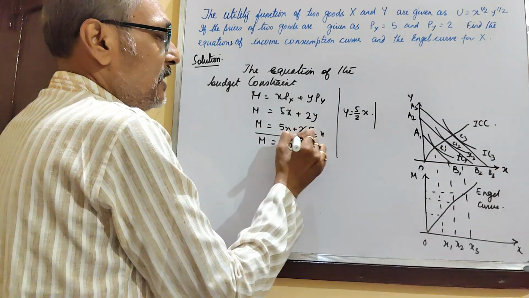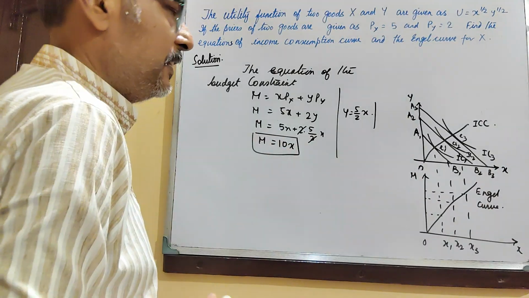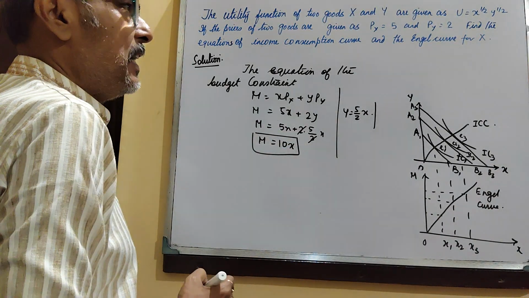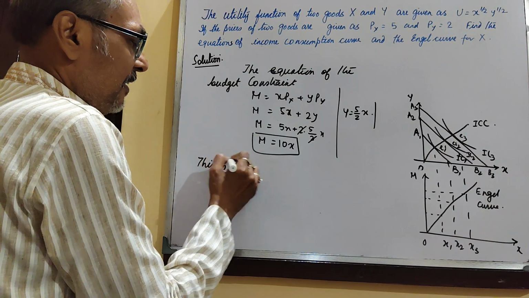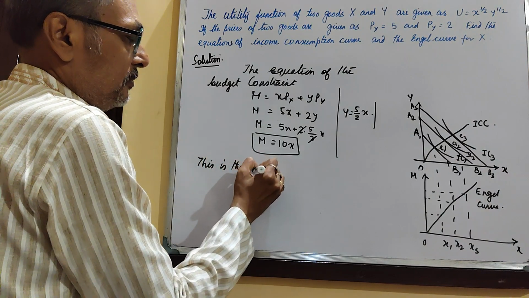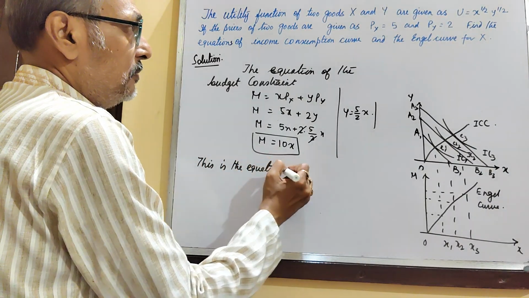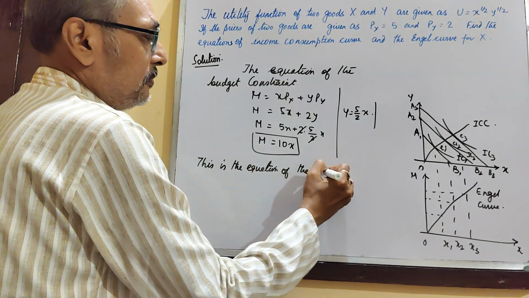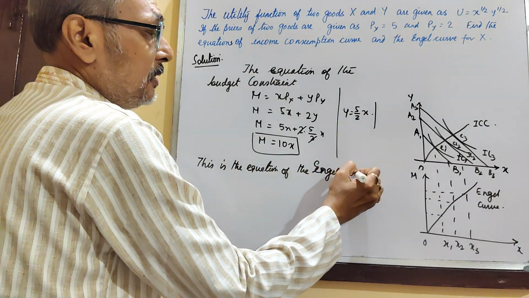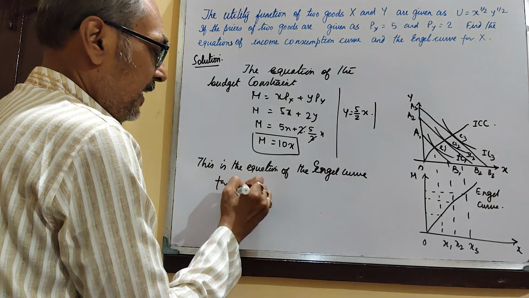M equals 10x. This is the equation of the Engel curve for x.